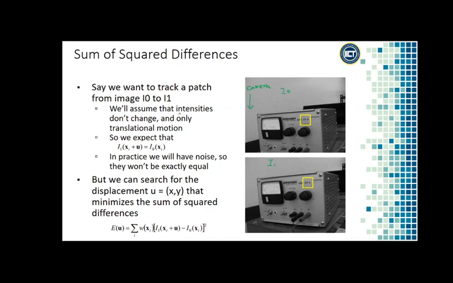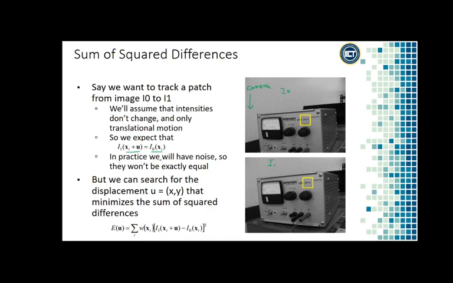So we'll assume that the intensities won't change and there is only translation motion. Now, translation motion and displacement motion are all the same. So we expect that the intensity values have some displacement in image I1 with respect to the intensity values in image I0.